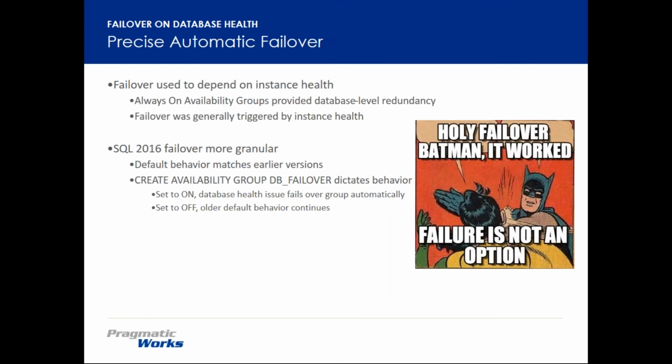So when you're creating the availability group, which is a big T-SQL statement that I'm not going to repaste here, there's a DB failover switch now. If you set that to on, if a database within the availability group becomes unhealthy, the automatic failover is triggered.